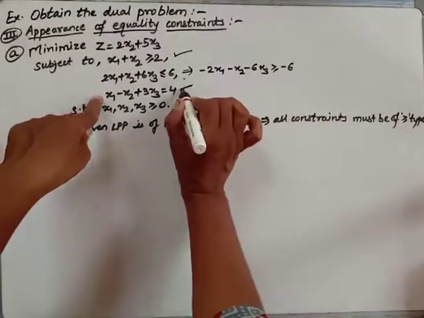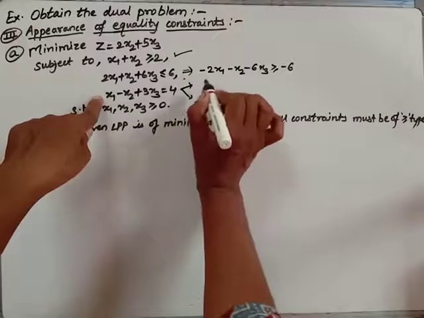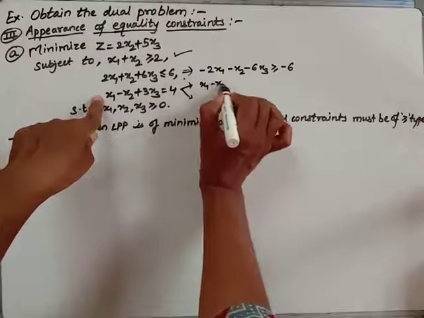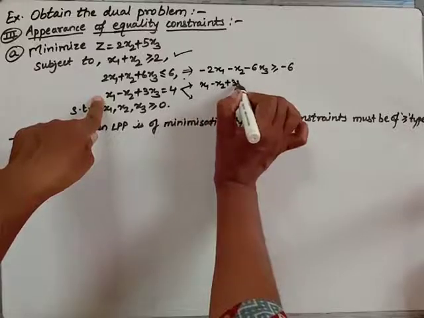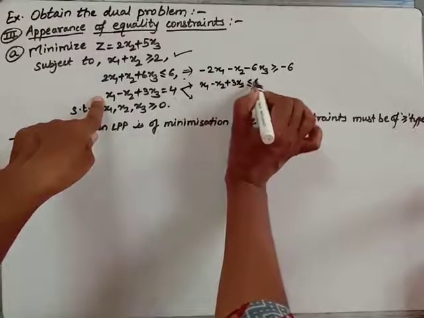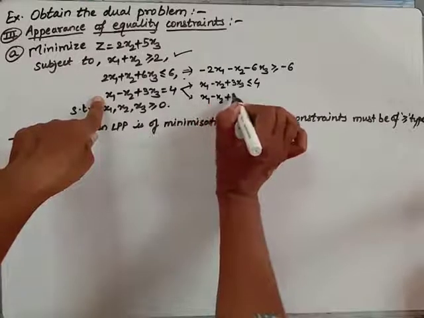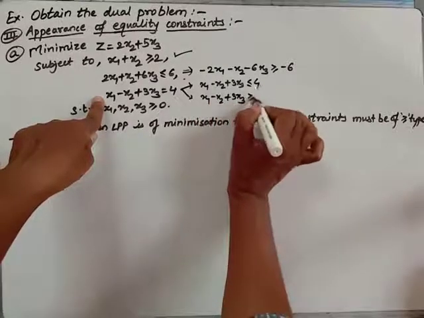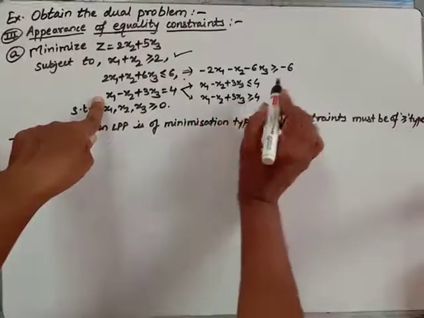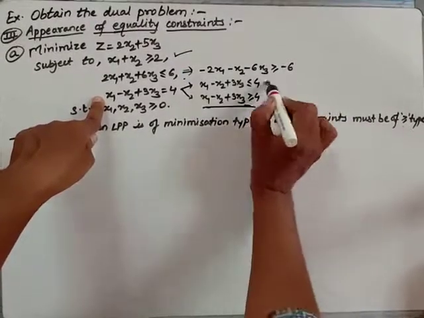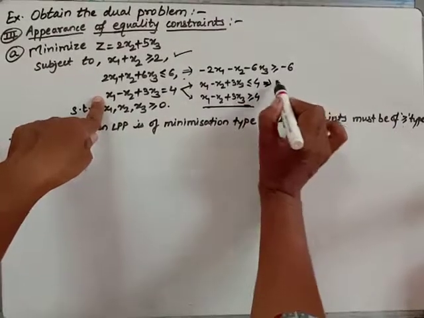Now this equality constraint will give two constraints, that is x1 minus x2 plus 3x3 less equal 4 and x1 minus x2 plus 3x3 greater equal 4. Now we need greater equal type constraints, so this one we keep as it is. This one we will reduce into greater equal. How?